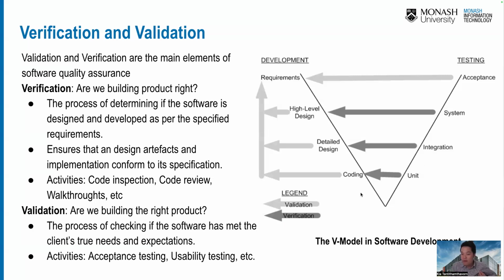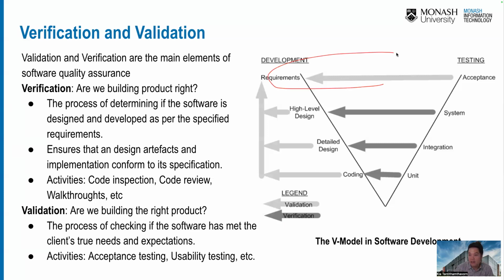So verification is often done as part of unit testing, integration testing, and system testing. But when the function is verified and everything is correct, we need to validate with the end user as well. That is part of the acceptance testing.